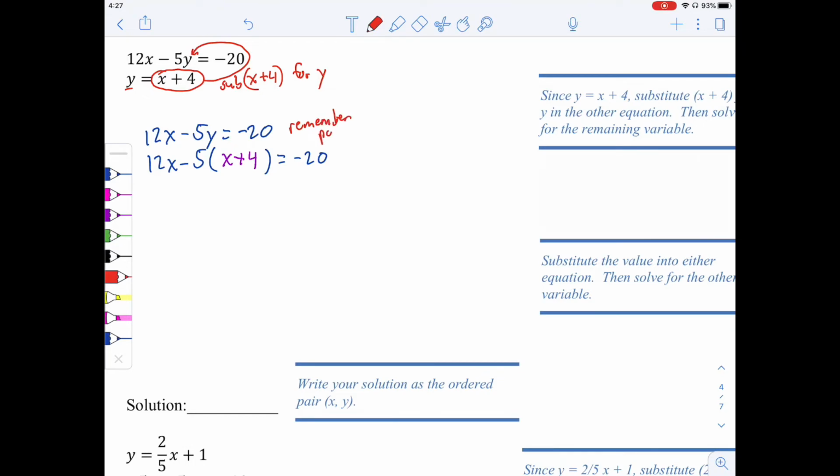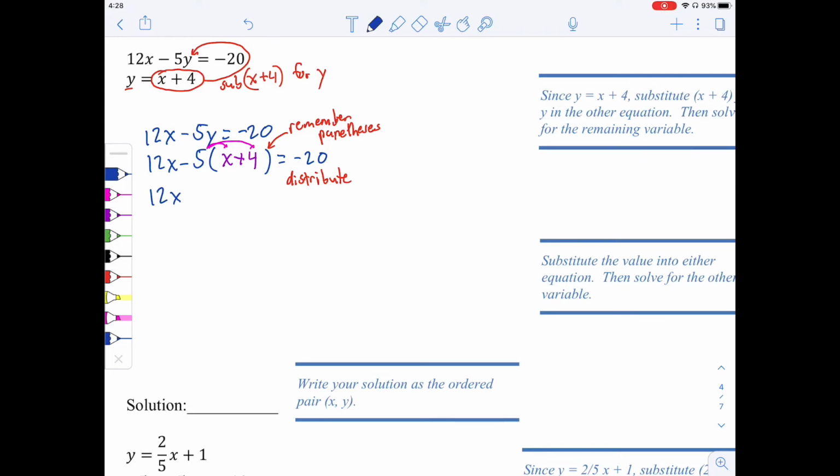Remember, parentheses right there. And then distribute. Okay, so we're going to distribute. So we distribute that first to simplify it.